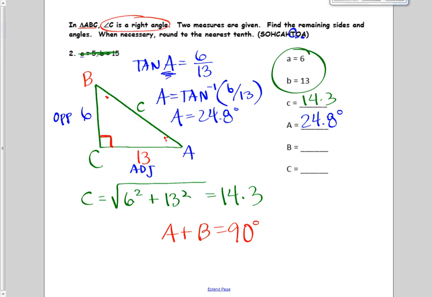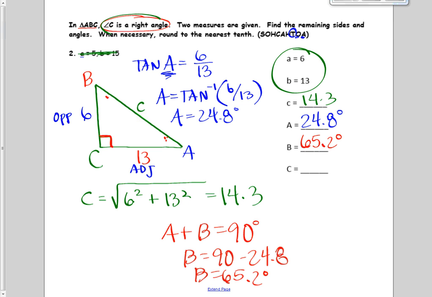Well, if angle A is 24.8, then angle B has got to be 90 minus 24.8, which is going to be 65.2 degrees. So that's going to go here, 65.2 degrees. And then angle C was given. That's what was right here. So angle C is a right angle. That's 90 degrees.